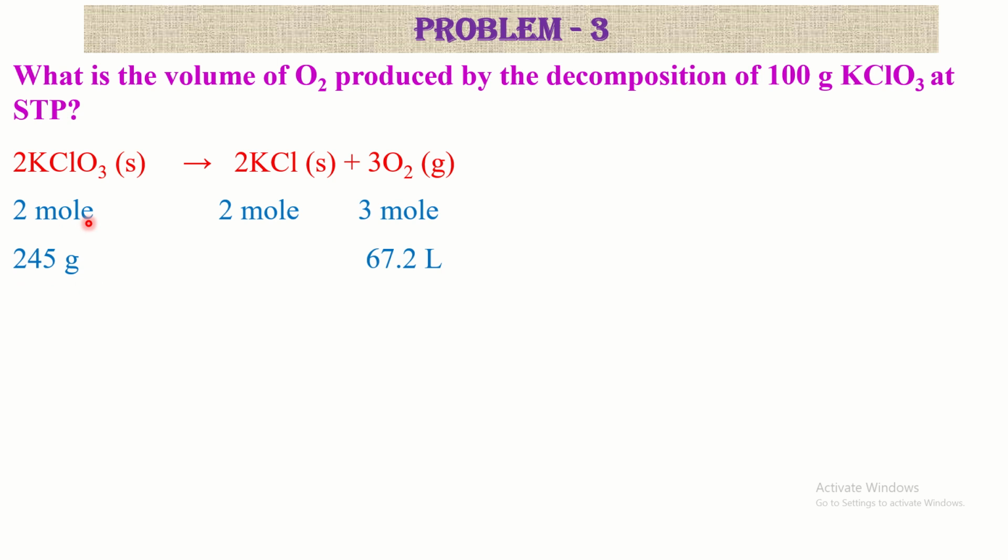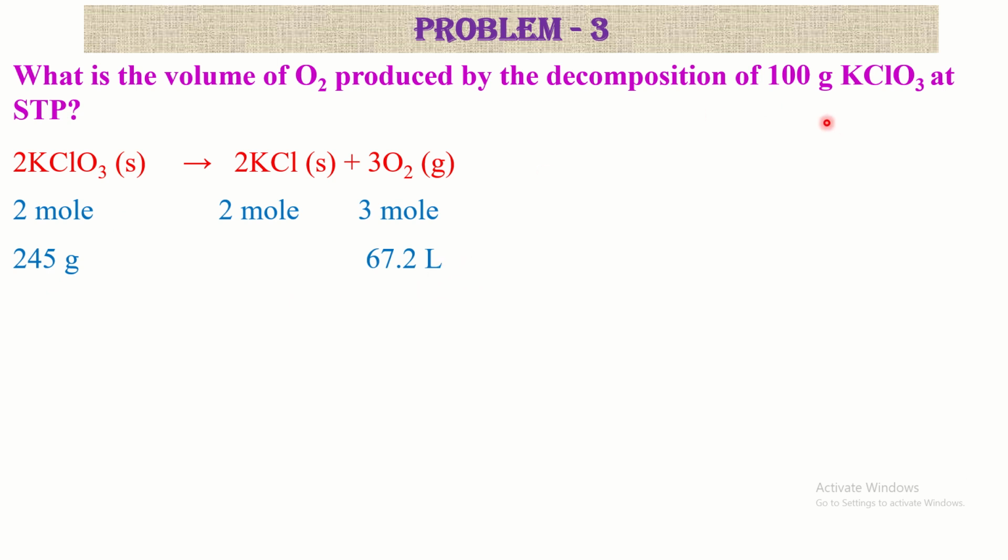So 2 mole potassium chlorate is 245 gram potassium chlorate, and the oxygen 3 mole. Here you have to find the volume of oxygen. So here I have written the volume of 3 mole oxygen, that is 22.4 into 3, that comes 67.2 liter. So now we can write 245 gram potassium chlorate gives 67.2 liter oxygen at STP.